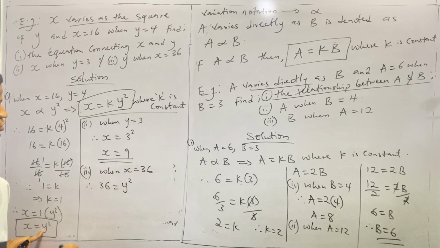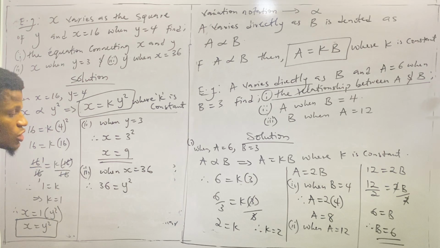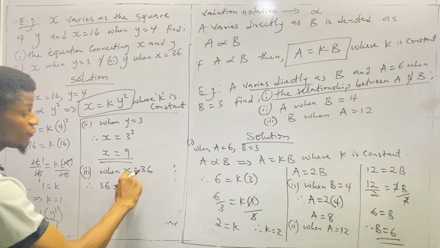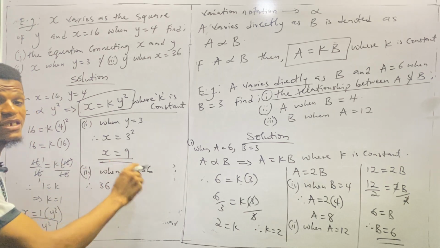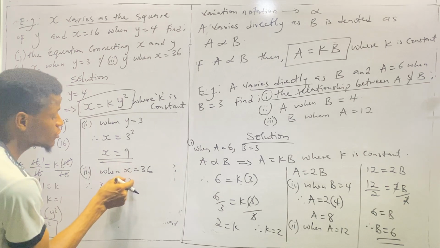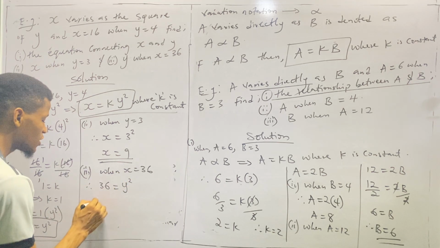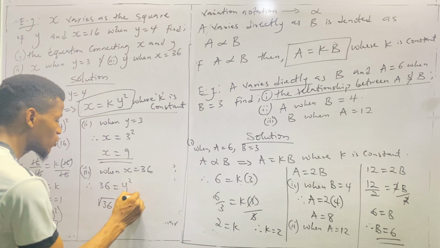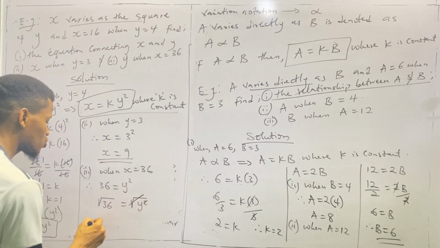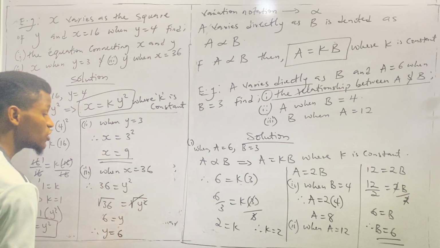So to find the value of y, we remove the square, and to remove the square we need square root, alright? And remember, anything you do to one side, you do to both sides. So we take the square root of both sides. The square root of 36 equals the square root of y squared. The square root cancels the square. The square root of 36 is 6. So 6 is equal to y. So our y is 6.